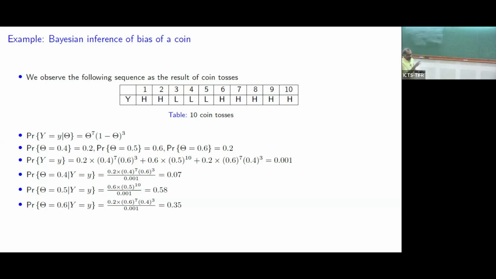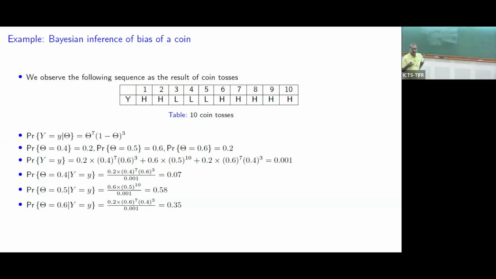So what you can see here is something nice. We started out with this prior belief that I kind of think it is fair: there is a belief of 0.6 that the bias is 0.5. I also had some belief on 0.4 and 0.6. I've actually observed a sequence of coin tosses in which there were more heads. So intuitively, what do we think? We think that the belief on these two values should maybe go up, but the belief on 0.4 should come down, right?